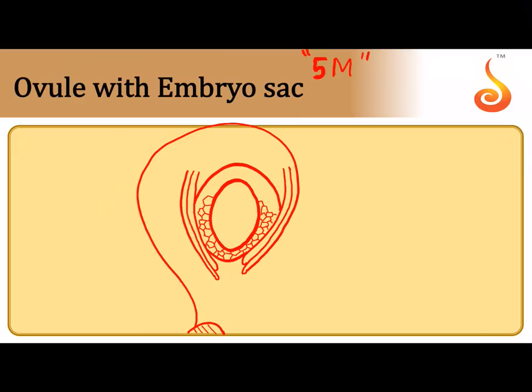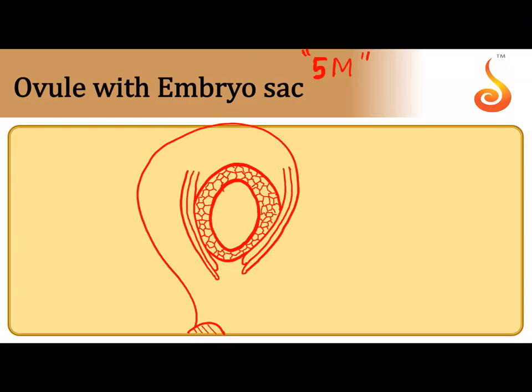This is the nutritive tissue, the main tissue of the ovule that I was talking about. What is this main tissue called? The nucellus. So it is time consuming, but it will fetch you good marks if you are patient enough and fill up all the cells sitting inside the ovule. Okay, so nucellus is done.